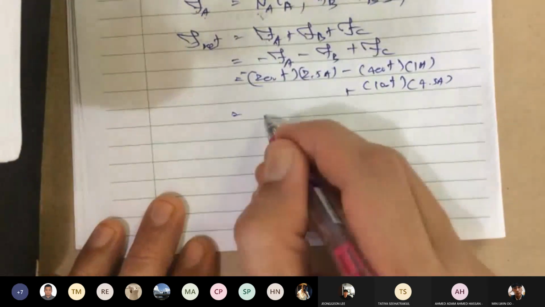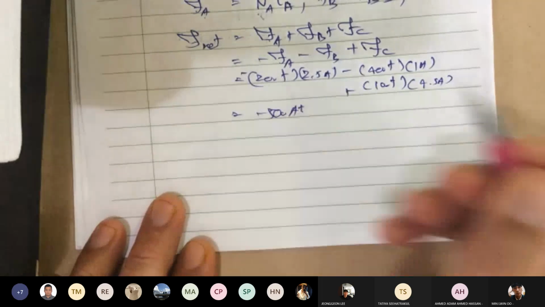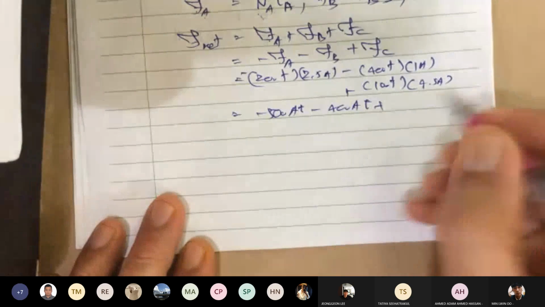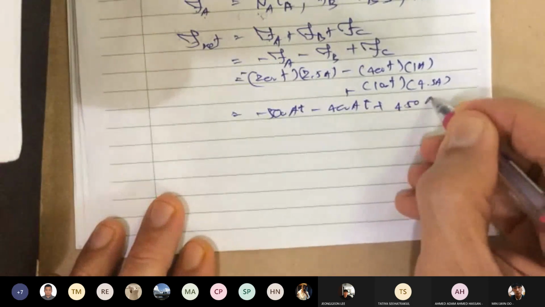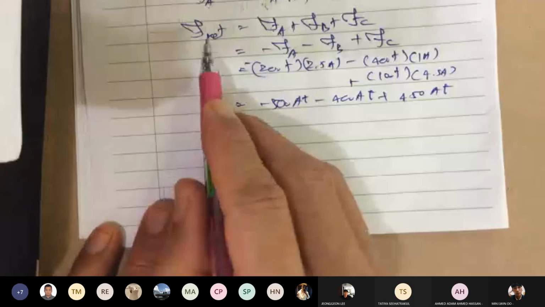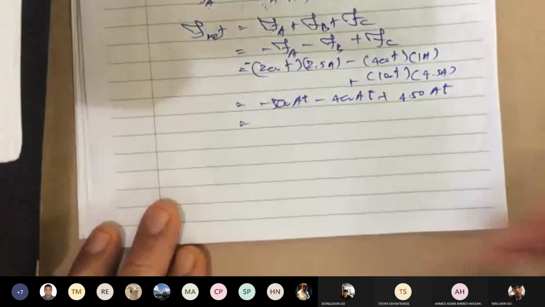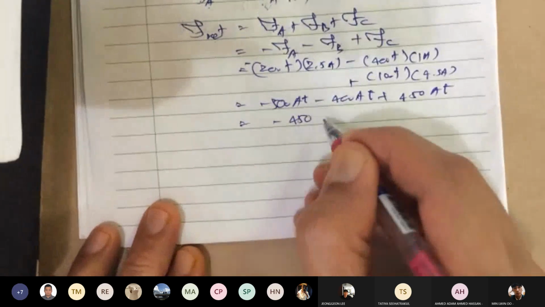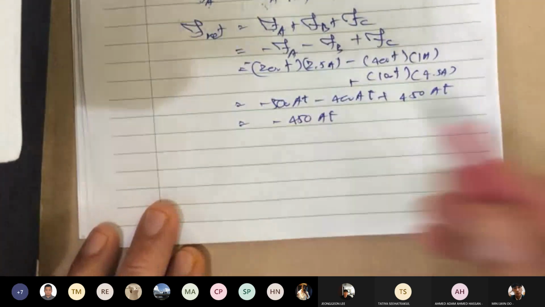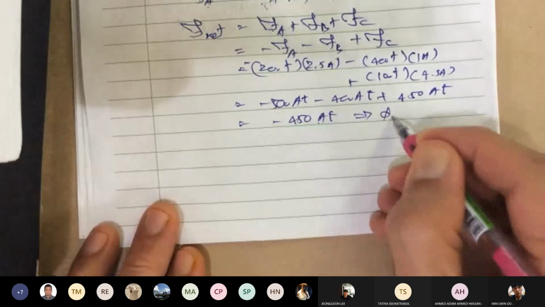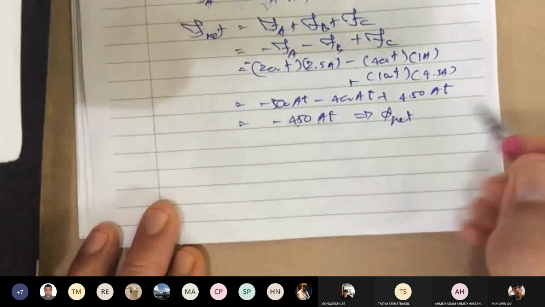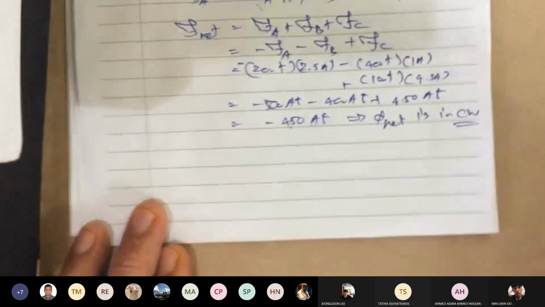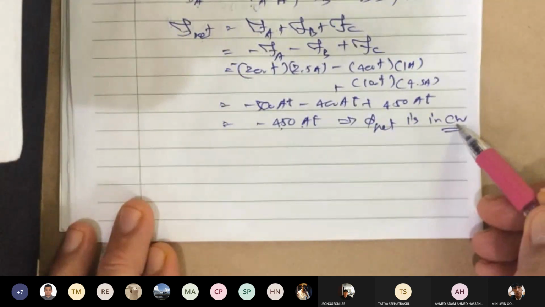This is going to be negative 500 ampere turns, minus 400 ampere turns, plus 450 ampere turns. So the resulting net magnetomotive force equals minus 450 ampere turns. This would give you phi net direction negative, so it is in the CW direction. So the first answer is the direction.